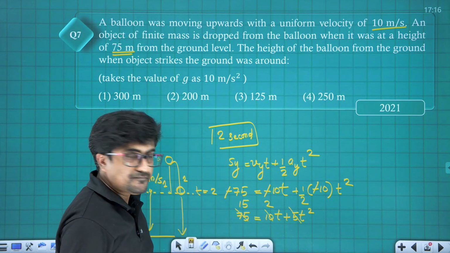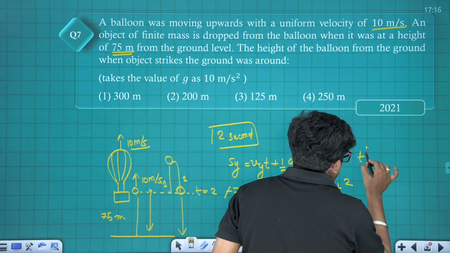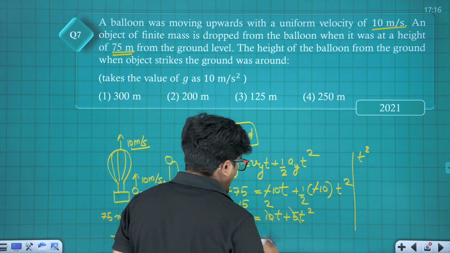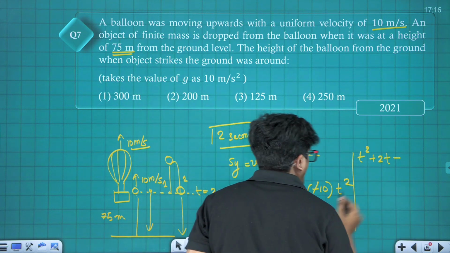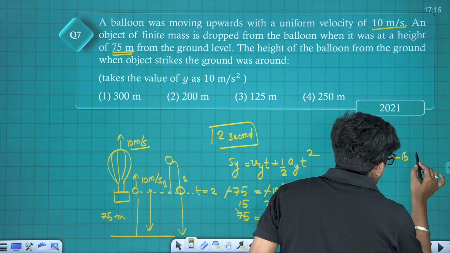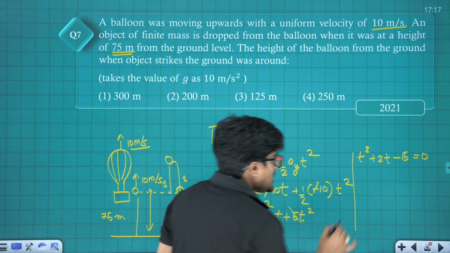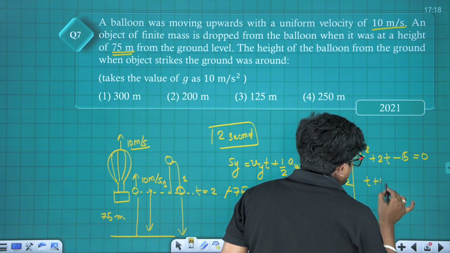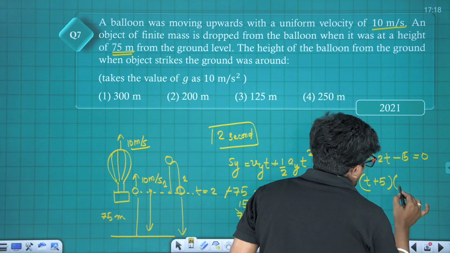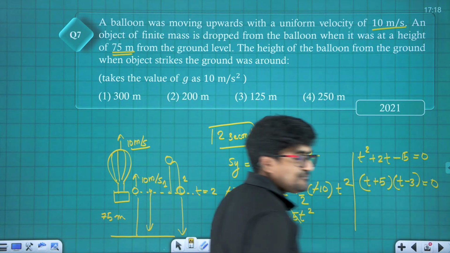Yes, 15. So now I got the expression as t square plus 2t minus 15 equal to 0. Alright, so here this needs to be t plus 5 into t minus 3 is equal to 0.